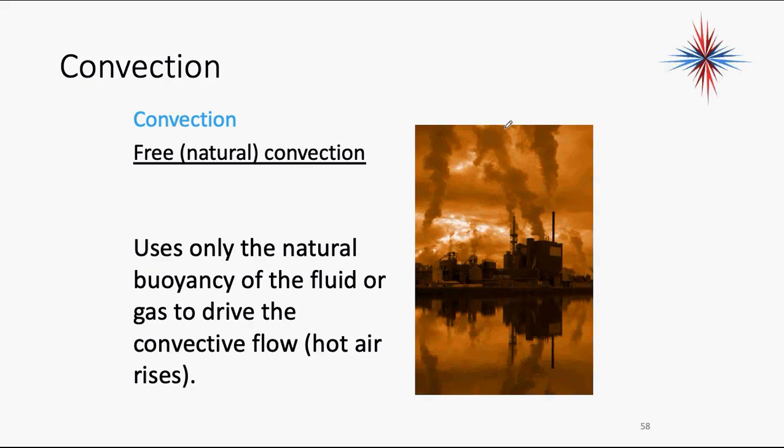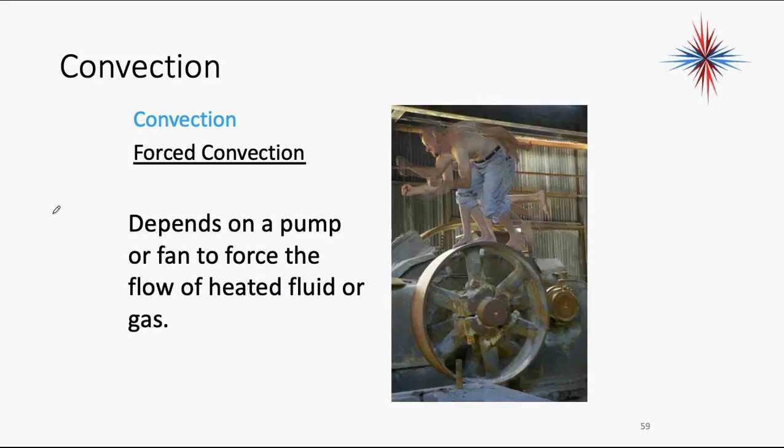And again, with power plants, you can see the smoke rising, the steam rising. That's natural convection, the buoyancy of the fluid or gas driving the convective flow. Hot air rises. Forced convection depends on a pump or fan to force the heated fluid or gas.